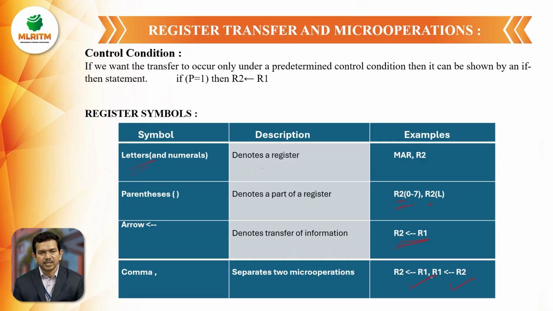If I use a comma, it indicates R1 is transferring the data to R2, and the next operation, R2 is transferring the data to R1. So we have to remember that while using register transfer, the basic symbols are the letters, parenthesis, arrow and comma.